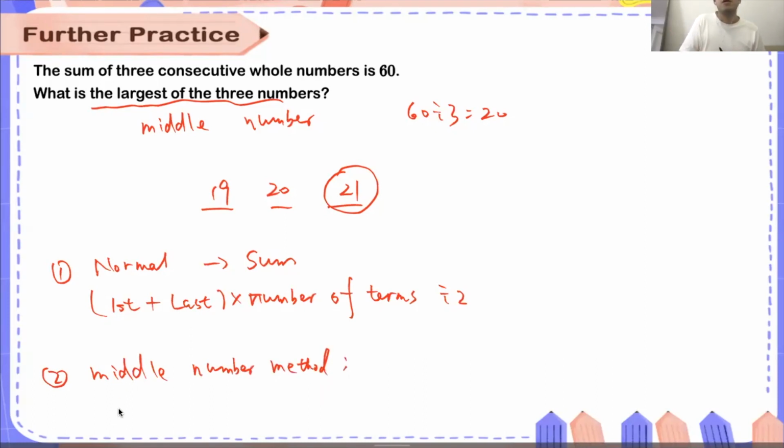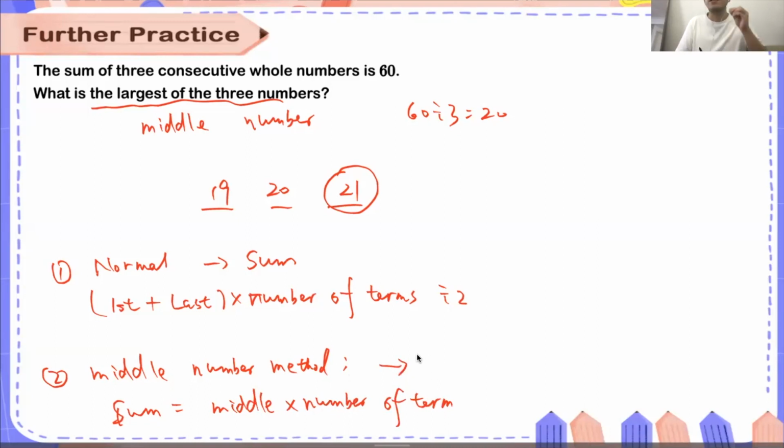And what is the middle number method? The sum is the middle number times the number of terms. Okay? And the middle number method, we always use in an arithmetic sequence with odd terms. We can quickly find the middle number in our sequence. Okay, that's it.